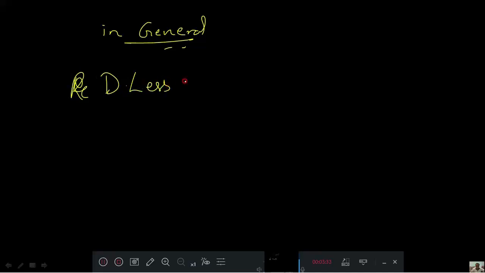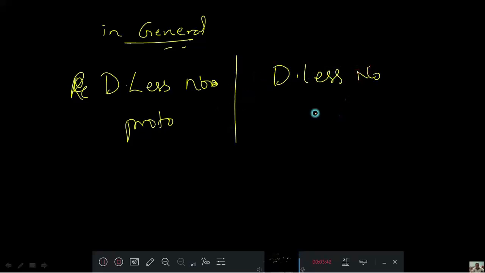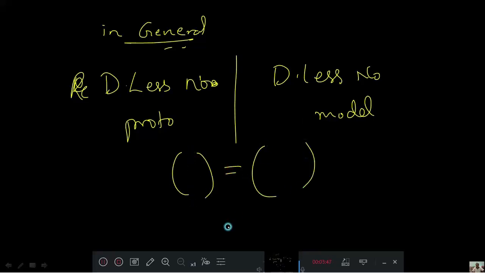In general, what these laws tell us is, if I calculate a dimensionless number for a prototype, and the same dimensionless number for a model, then these two dimensionless numbers must be the same.